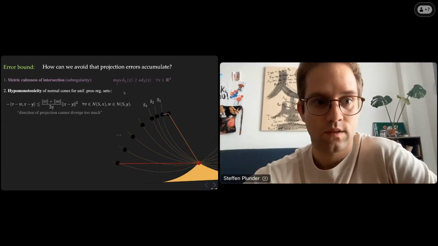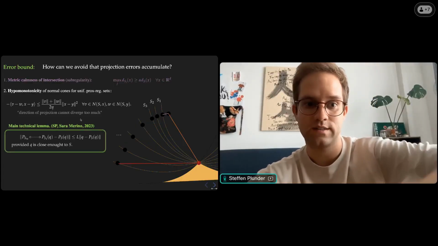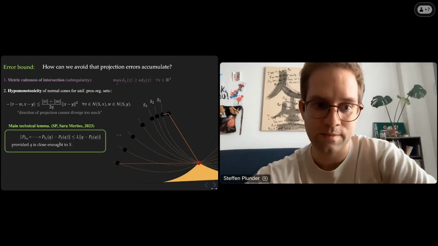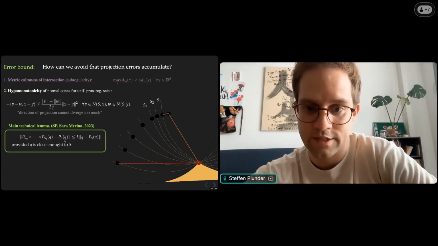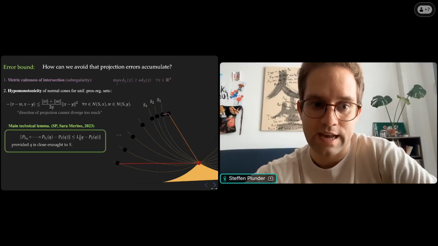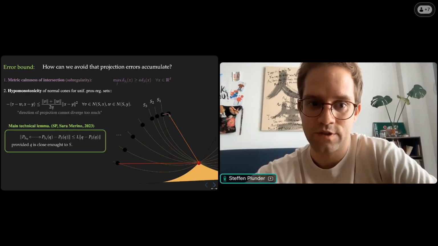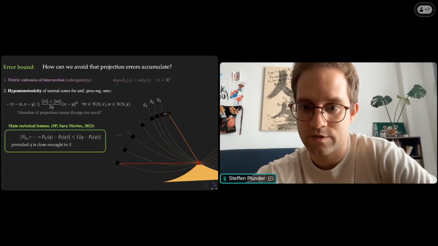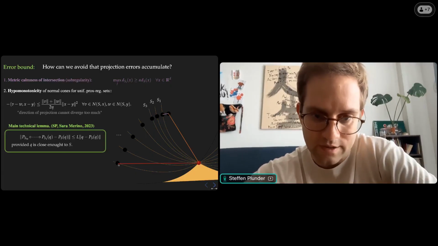Okay. And then we have hypomonotonicity, and these two together, you just play around a little bit, and then you can say the iterative projection minus the real projection is less than or equal to L times my distance to the set. So Q is this first black dot, P_S of Q is the red dot, and this iterated projection is a black dot here on the left.